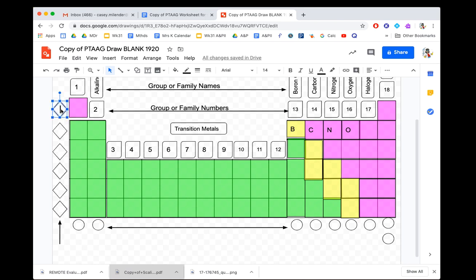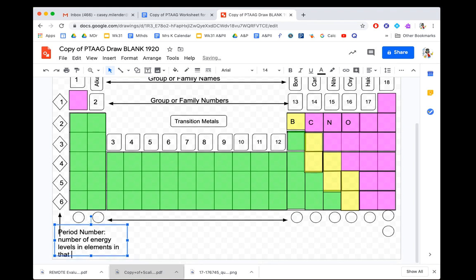So what goes in here is actually the period number, and it's the same numerical pattern. This is the period number, and it tells you the number of energy levels in elements in that row.